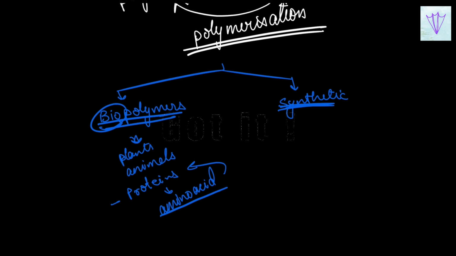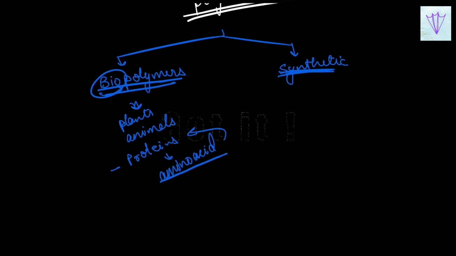Next, synthetic polymers or the man-made polymers. Polymers which are prepared in laboratory are called synthetic polymers, and they are also called man-made polymers. One such example is polythene, which is a polymer of ethene.